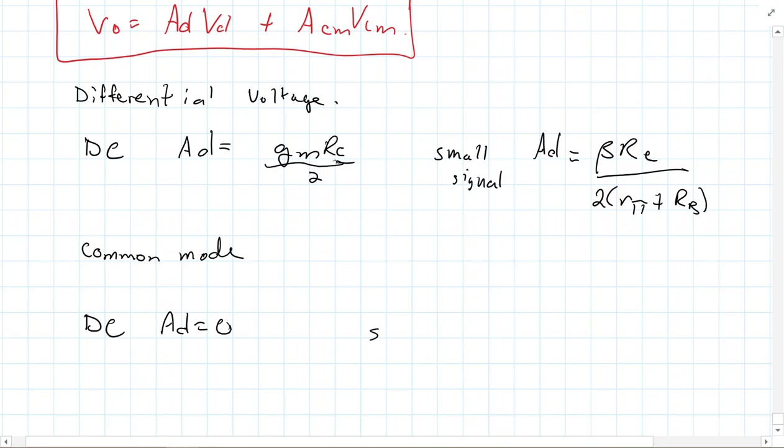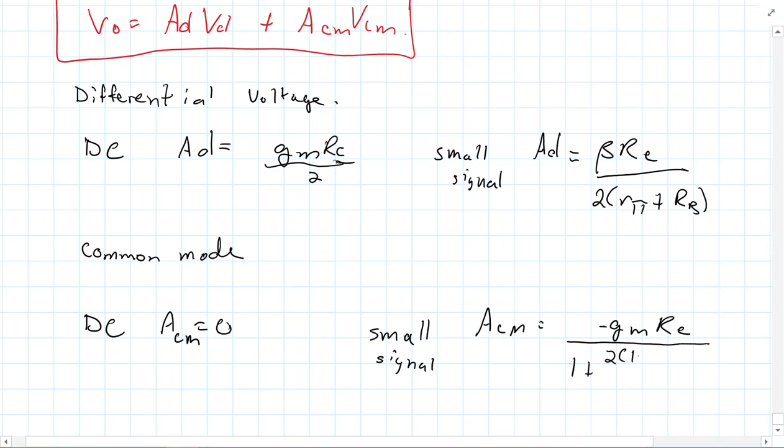And then for small signal, ACM is equal to minus GM RC over 1 plus 2 times 1 plus beta RO over R pi plus RB.